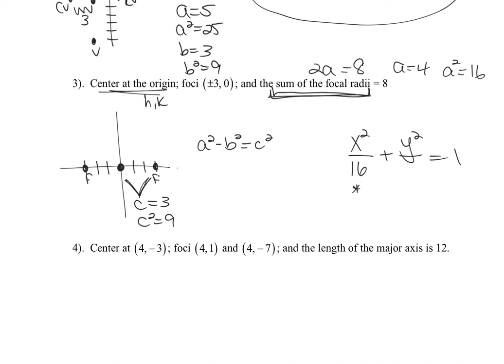So a squared is 16, b squared is what I'm searching for, and c squared is 9. So in solving that, I'm going to go ahead and subtract 9 and add b squared. Oh, and I went to go take the square root of it, but there's no need to do. I actually want what b squared is, and that is 7. So I'm going to go ahead and just write that under the equation, and that would be our final answer.